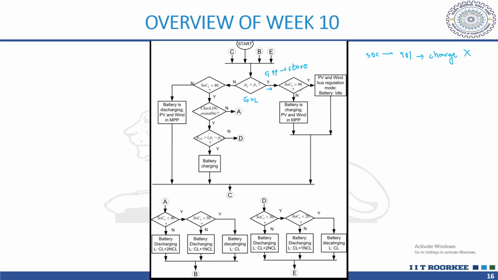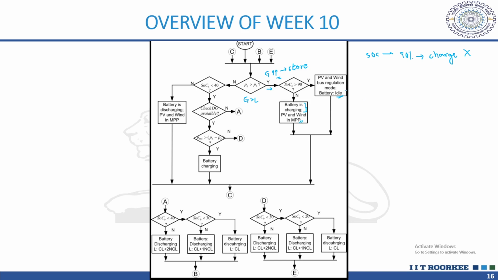So here they're checking the SOC of the battery. If it is greater than 90%, means the battery will be idle. It cannot charge beyond it, right? But if we have capacity with us, means the SOC is less than 90%, the battery will charge, or it will store this excess generation, and the PV and wind can inject the power in MPPT mode.